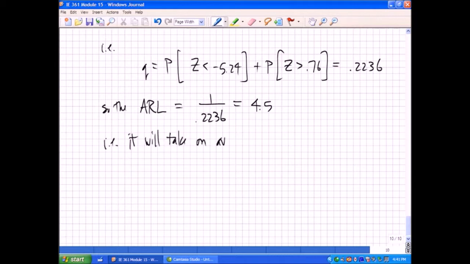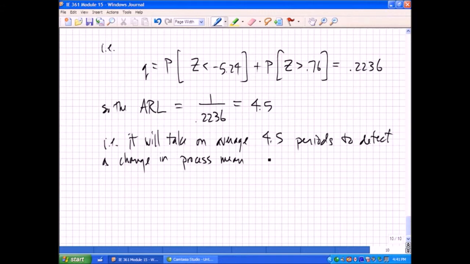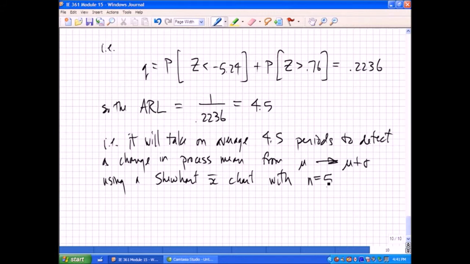Okay, and the point is, it will take, on average, 4.5 periods to detect a change in process mean from mu to, say, mu plus 1 standard deviation using a Shewhart X-bar chart with a sample size of 5.